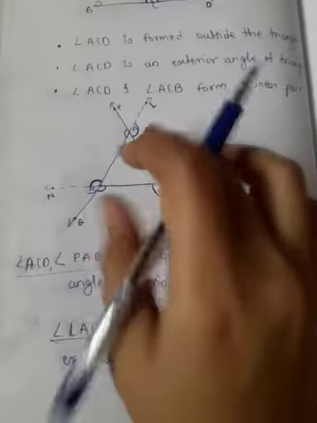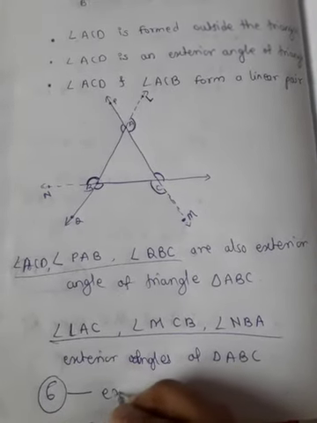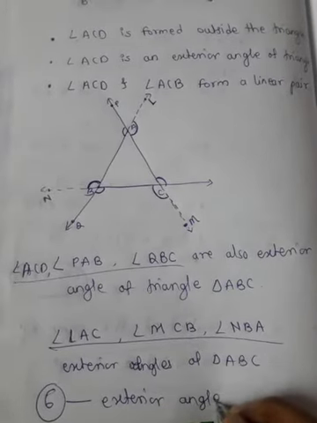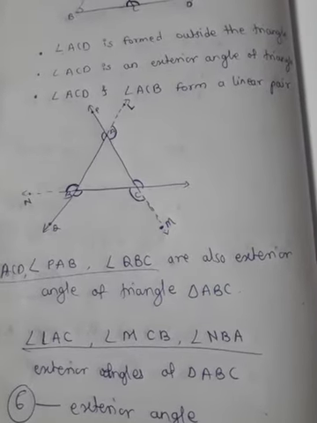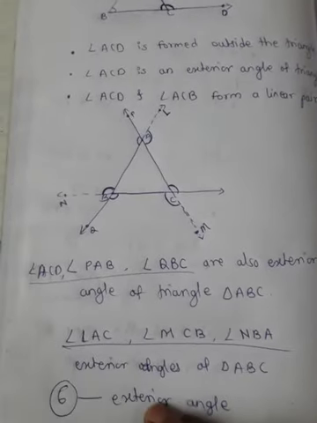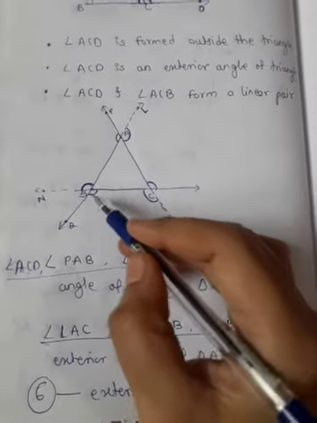So every triangle has 6 exterior angles: 1, 2, 3, 4, 5, 6.